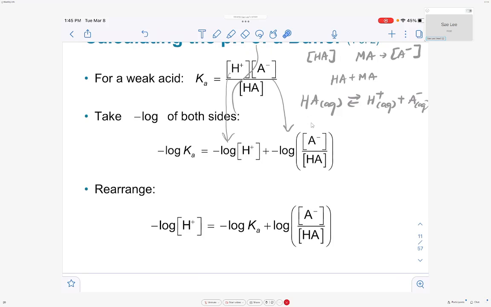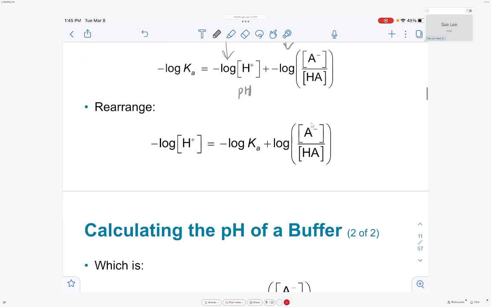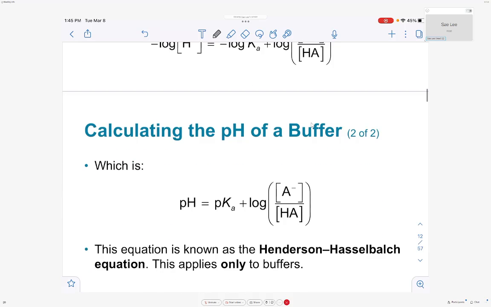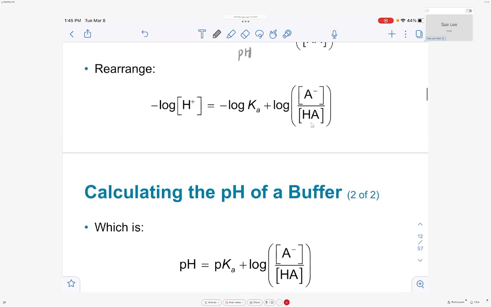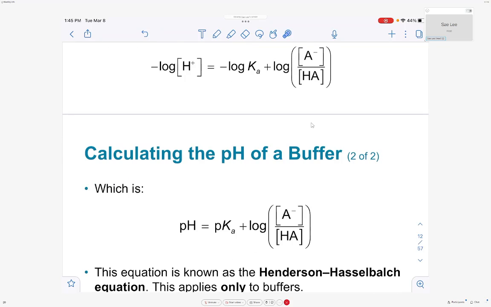So now what can you see? This is the pH, right? Negative log of proton is going to be pH. Okay, so if you rearrange this equation and solve for pH, we have this expression.